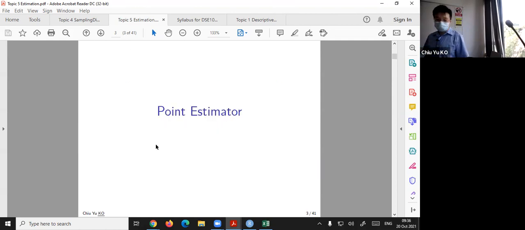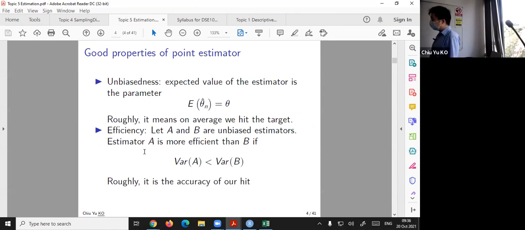So, point estimators. We will start by giving you two properties, actually three, but the last one is technical. These are two good properties you would use to say which point estimator is good or bad.